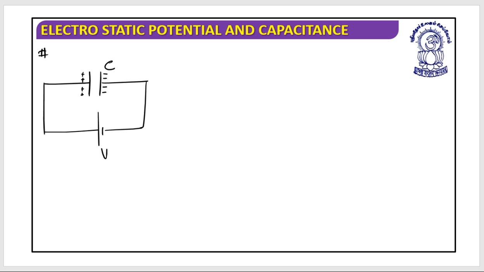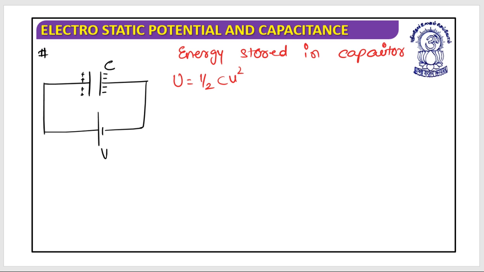So what is the energy stored in the capacitor? It is U equals half CV square, or Q square by 2C, or QV by 2.